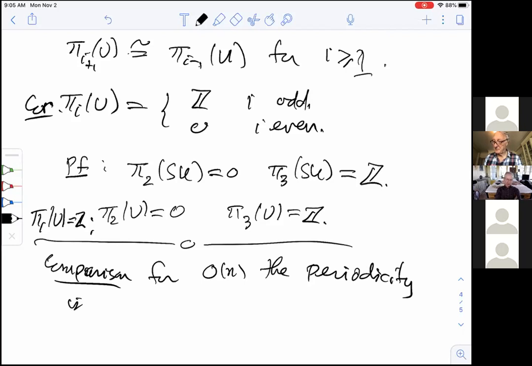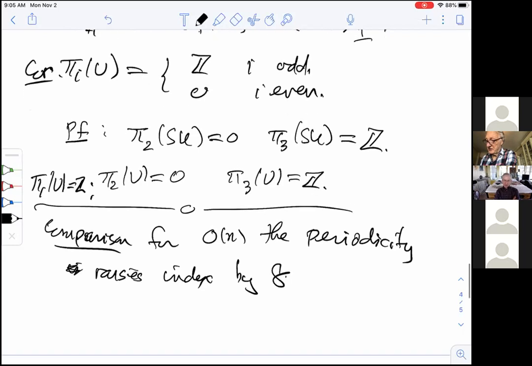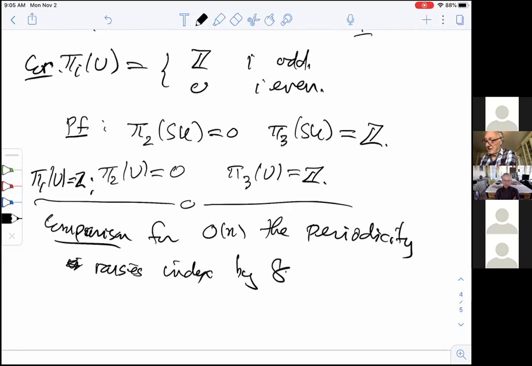It raises or lowers the degree by 8, whereas the periodicity in the unitary group is only 2. There are lots of other interesting classical spaces, homogeneous spaces related to the orthogonal group, that come into this periodicity. In particular, when you go by 4, you get the symplectic group.